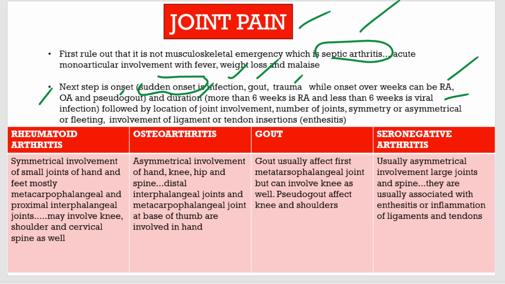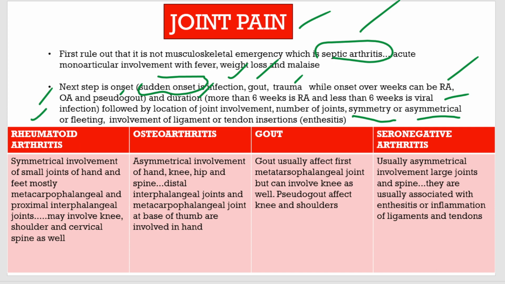Once we have asked about onset and duration, we will follow with which joints are involved. We will count the number of joints involved. Then we will ask whether the involvement is symmetrical or asymmetrical, meaning one side is involved and the other side is not involved.